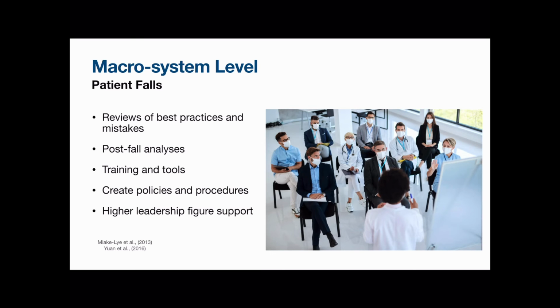Also, post-fall analyses should be done in order to reduce fall rates because they can help identify factors that led to the fall, and then preventative action can be put into place in the form of policies in order to prevent these future events from happening.